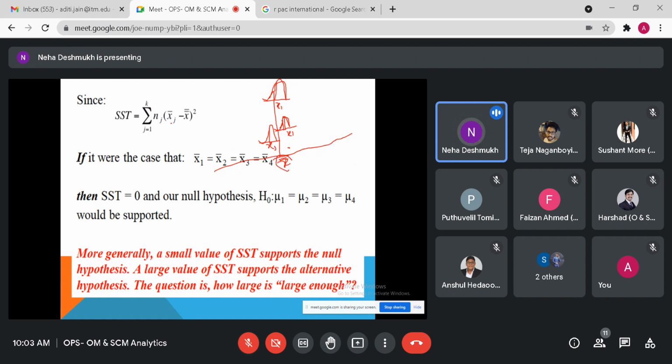This difference will be less. If this difference is less, we are closer to zero, and that is the reason the conclusion is that a small value of SST supports the null hypothesis, because the averages of all the samples will be equal, and a large value means the difference is here. This is my mu1 for x1, this is my second, and so on.